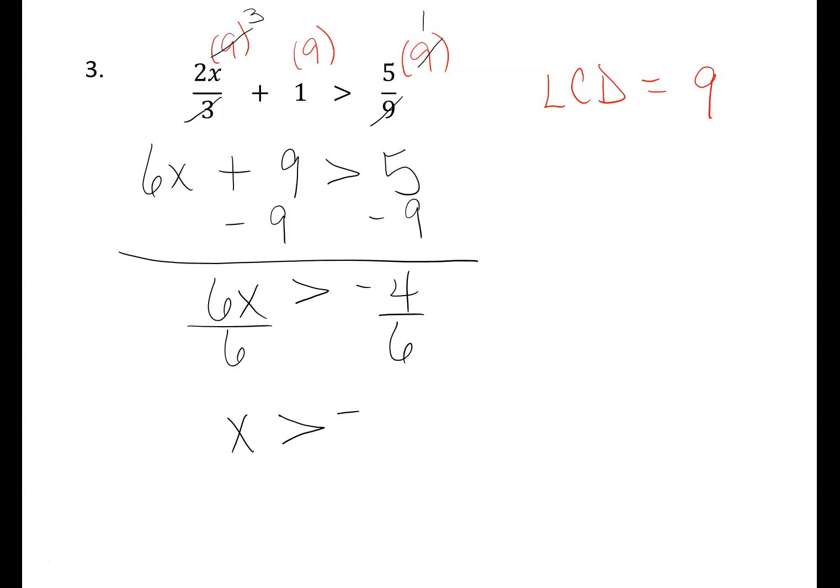It's only if you divide by a negative or multiply. So symbol stays the same. Here we have a fraction, so just simplify your fraction. You're going to divide top and bottom by 2. It's going to give us 2/3. So the solution is x is greater than negative 2/3.